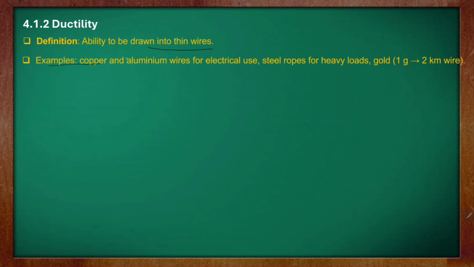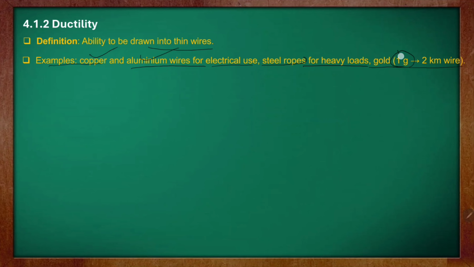Examples are copper and aluminum wire for electrical use, steel ropes for heavy loads, and gold. Even gold, 1 gram of gold can be stretched up to a 2-kilometer wire. So it can be stretched very long, but gold is usually not used for electrical fittings. Only copper and aluminum wires are used, because gold wires would be very expensive.